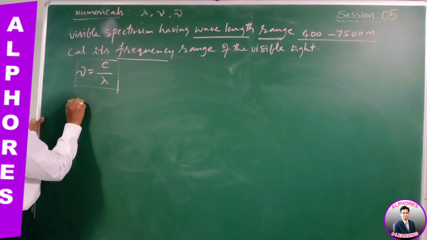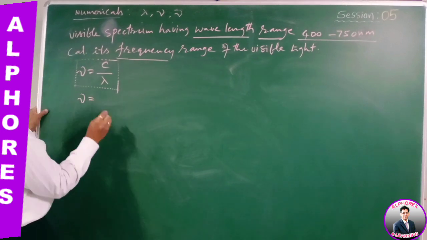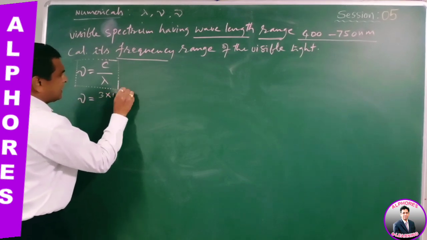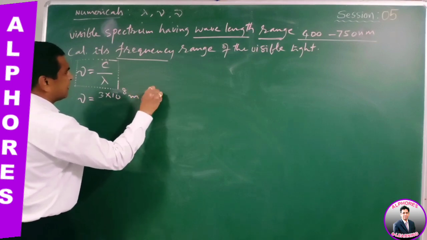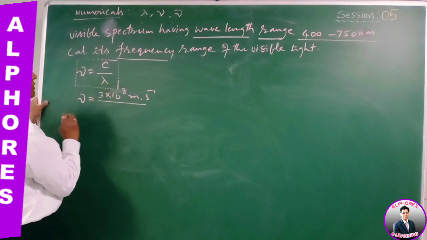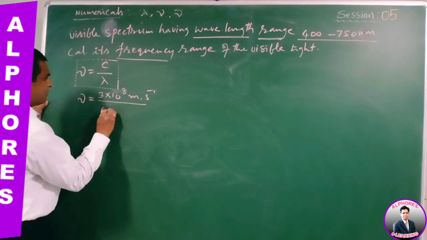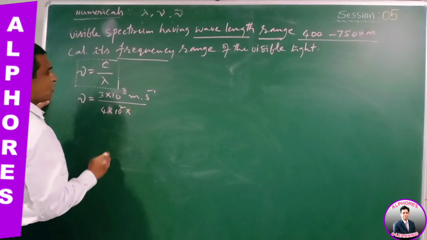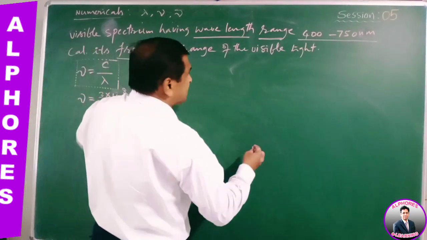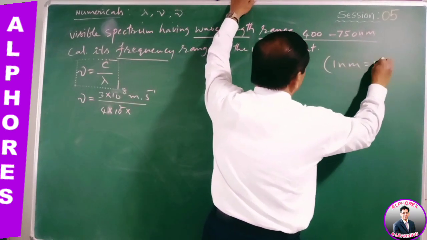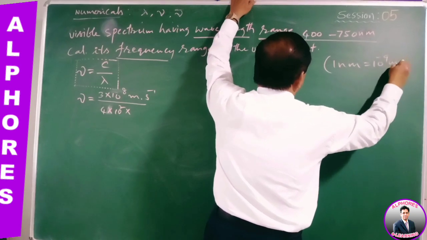Now let us take the first one. Nu is equal to c, 3 into 10 to the power 8 meter per second, divided by the wavelength, that is 400 nanometers. As we know, 1 nanometer is equal to 10 to the power minus 9 meters.